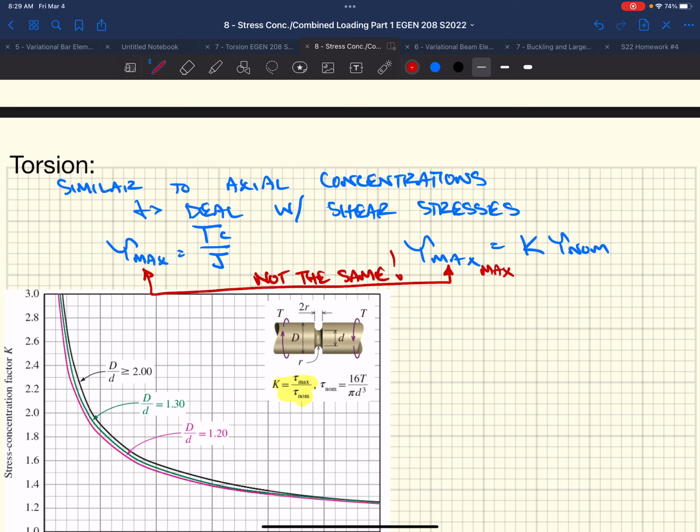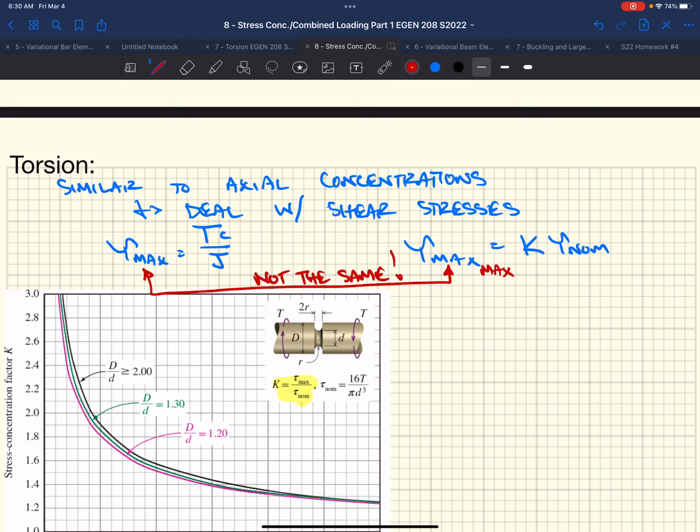So this tau max here is really like tau max max. We're going to take our nominal stress, and it gives an equation for it: 16 times the torque divided by pi d to the third. That's our nominal stress, which is really TC over J, but they've simplified this based on the fact that C is 1/2 the diameter, so they just plugged all that in, simplified for just the torque and the diameter.